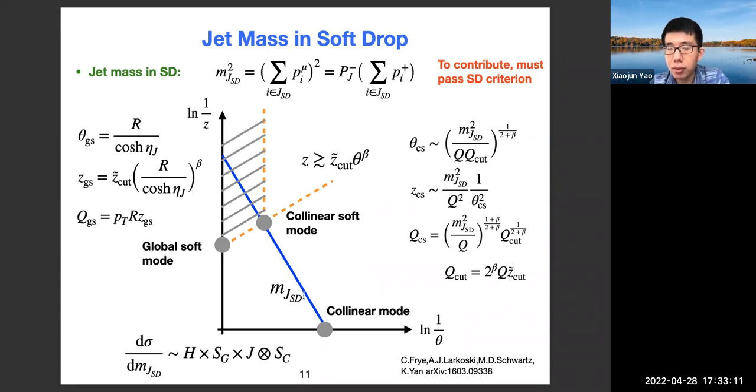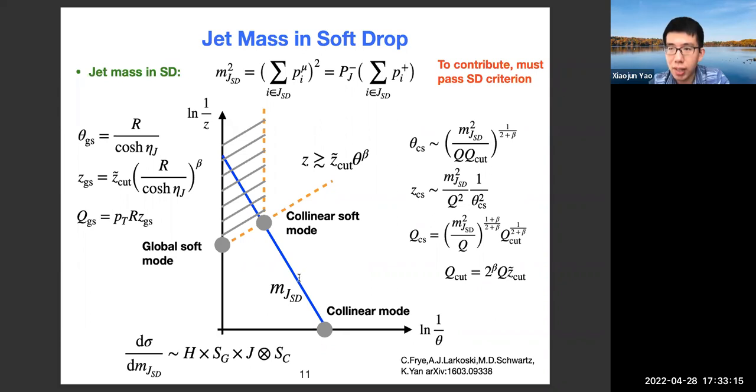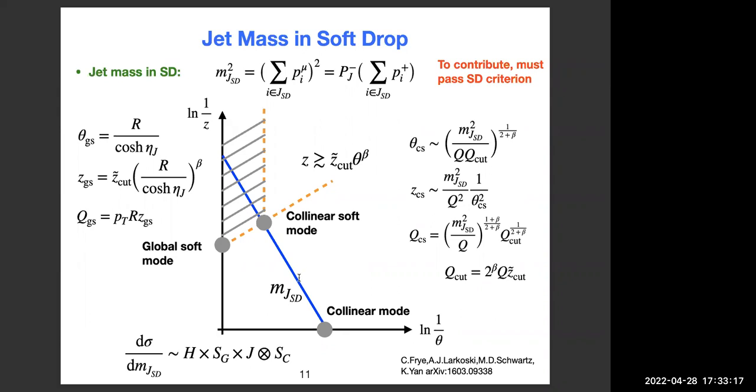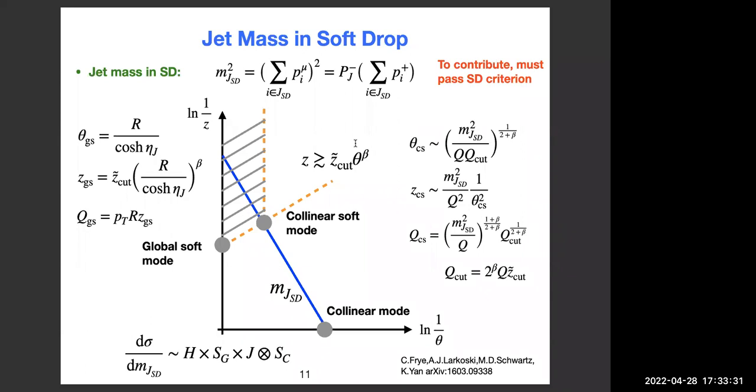So it's a pure SCET-one kind of picture? Yes, this is a SCET-one picture. For the jet mass measurement, it's SCET-one. If you start to measure some transverse momentum imbalance, then SCET-two will become relevant, but not here. Thank you. Sure.